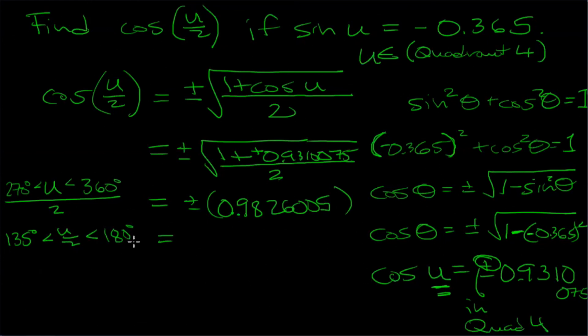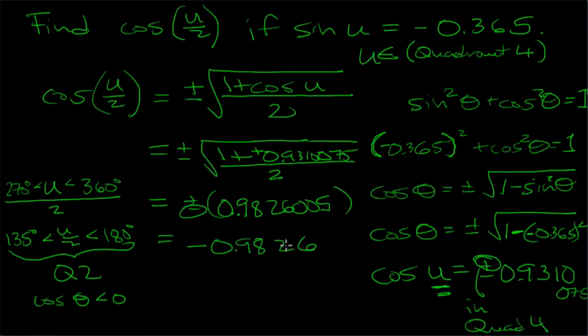And what quadrant are these angles in? These are all in quadrant 2. And in quadrant 2, is cosine positive or negative? It's less than 0. So in this case, it would be minus. So negative 0.9826, we'll say approximately. And then that would be our value for cosine of u over 2.